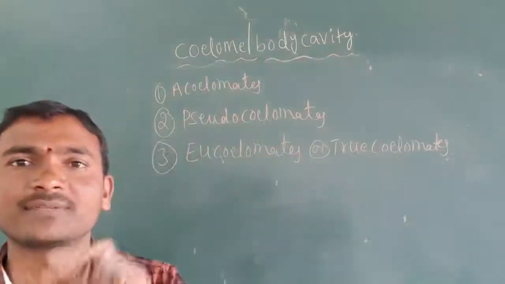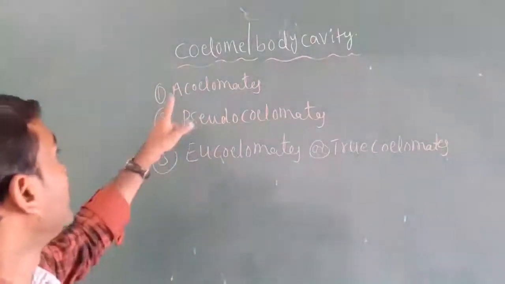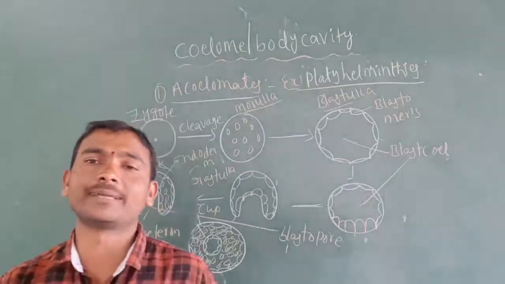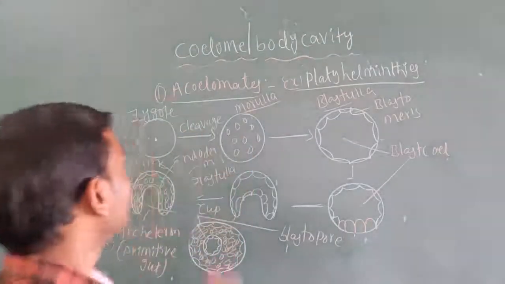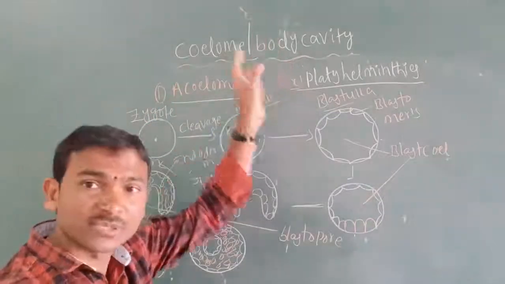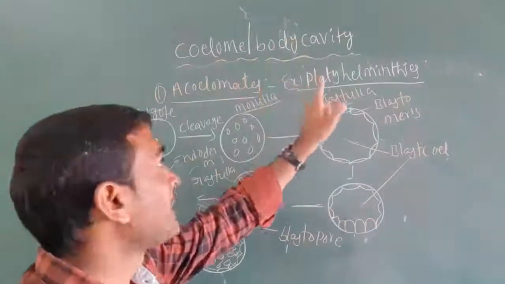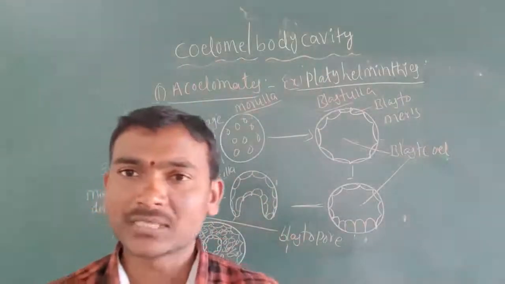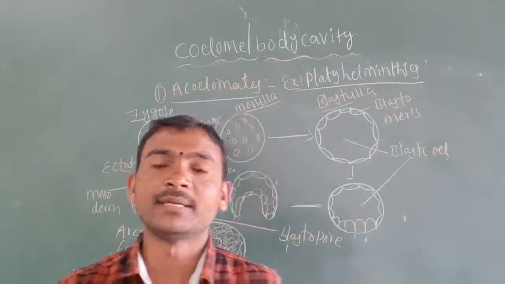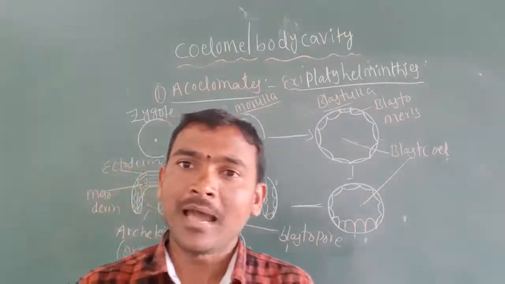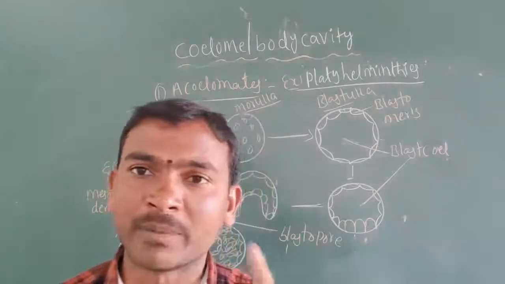First, we discuss acoelomates. An example of acoelomates is the platyhelminthes. The definition of a body cavity, coelom, is the space between the body wall and alimentary canal, with either side lined by the mesoderm. But what is an acoelomate? No space is left between the body wall and alimentary canal, and it is not lined by the mesoderm.